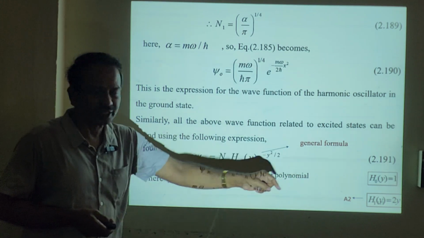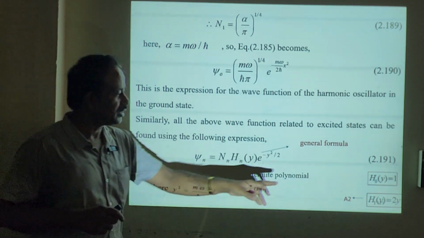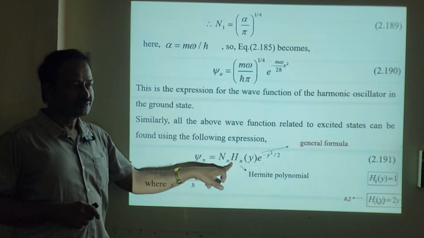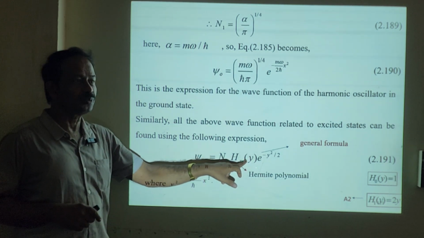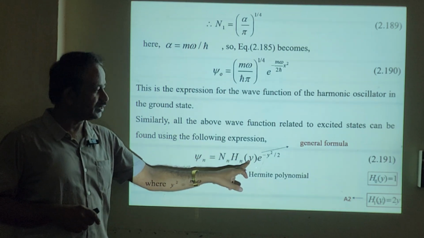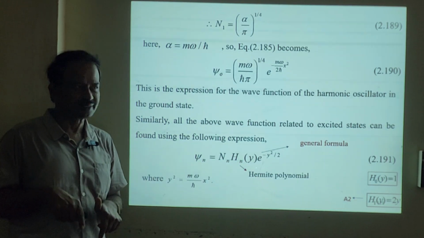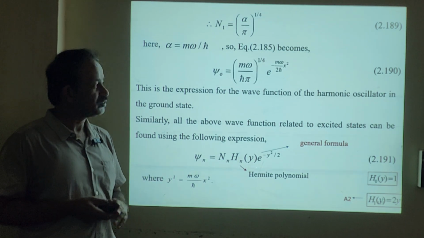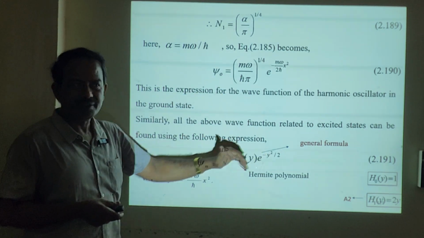Suppose you go for the first excited state, H1 of y equals 2y. You substitute 2y here and make the standard integral, and you will get the expression for the first excited state. So this is for the ground state, and this is for the first excited state.